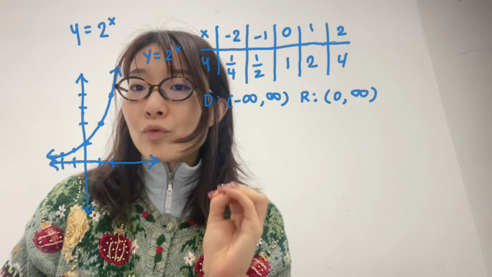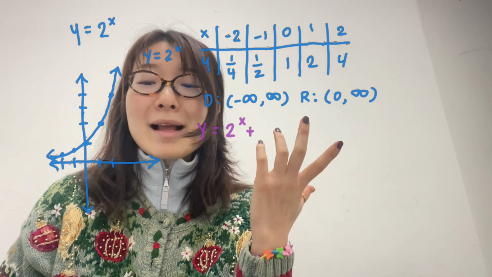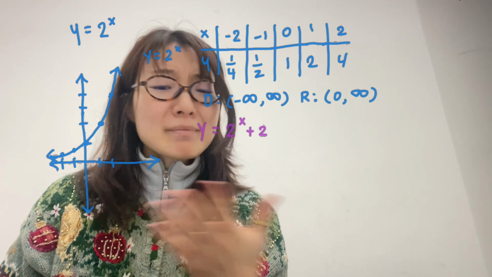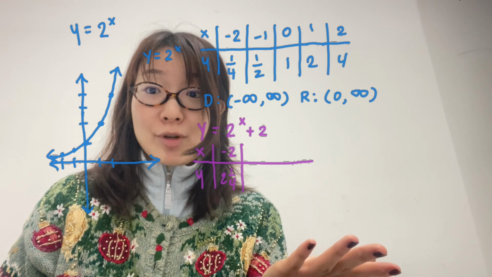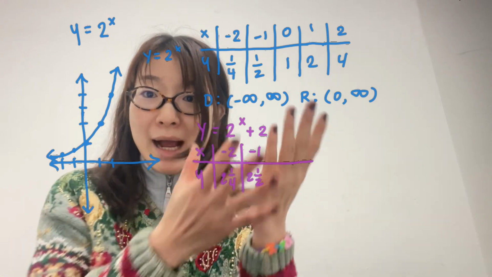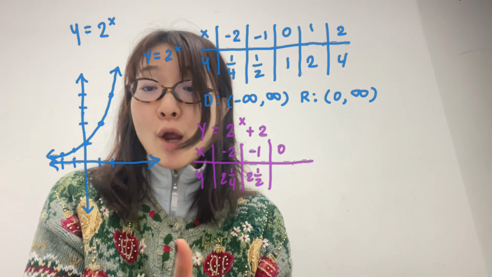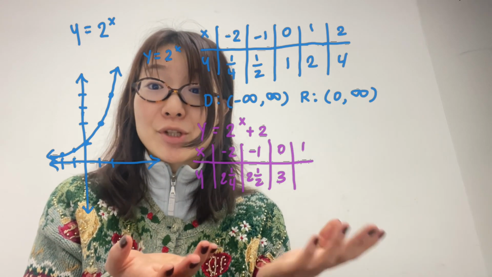However, when it comes to range, we have to be careful, because let's think about it. Let's imagine that we are raising 2 to negative 100. What would happen? Would my y value be negative? No, it would simply be 1 over 2 raised to the power of 100, which is a teeny tiny number, right?